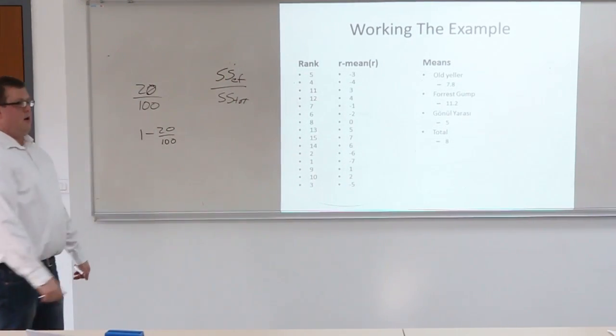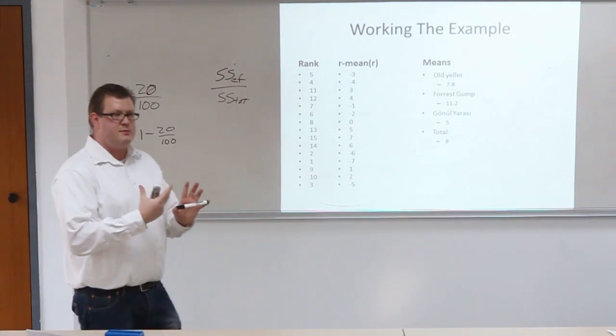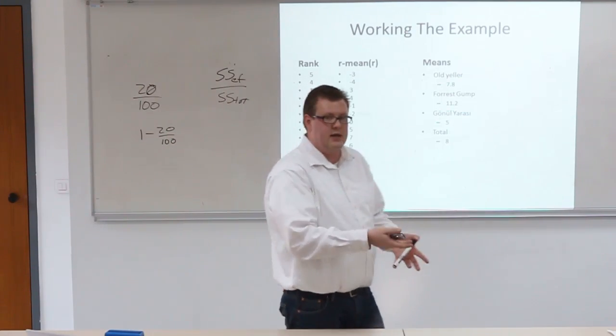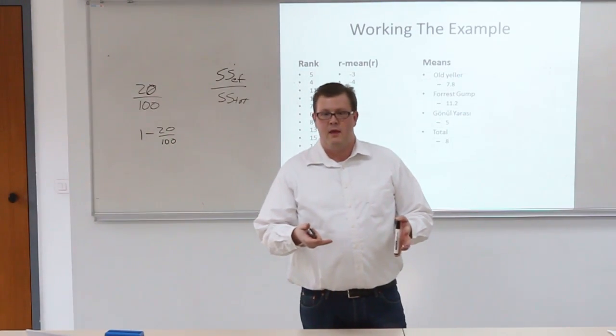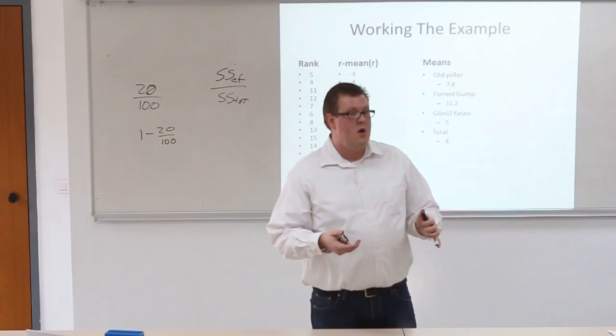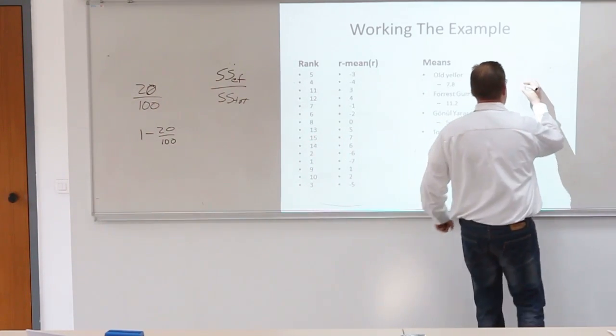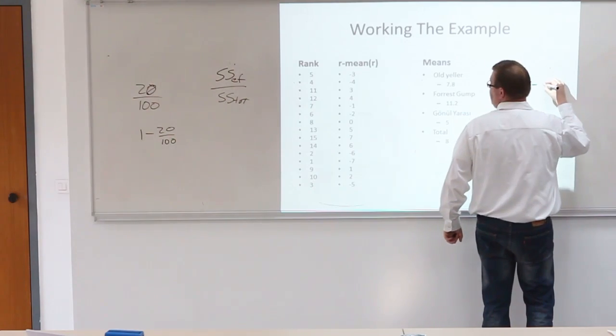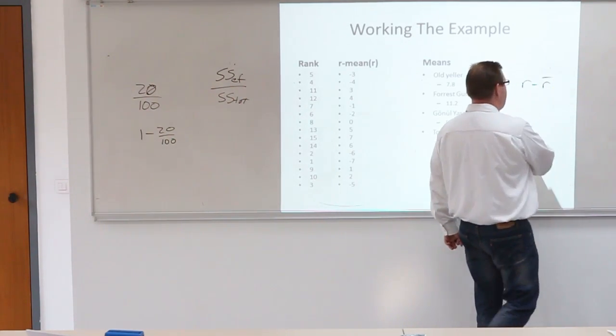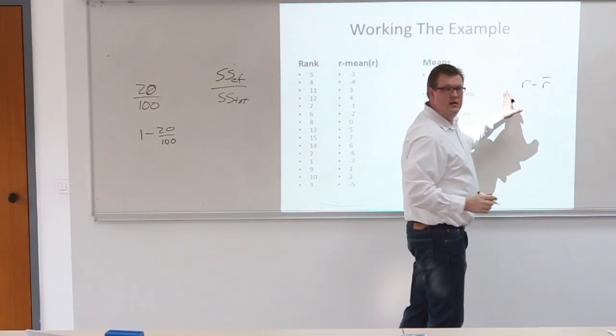Now, we didn't just want the difference between each rank and the mean rank. What did we want? We also wanted group means, but there was something more in the formula. It wasn't just R minus the mean. Sum and square.